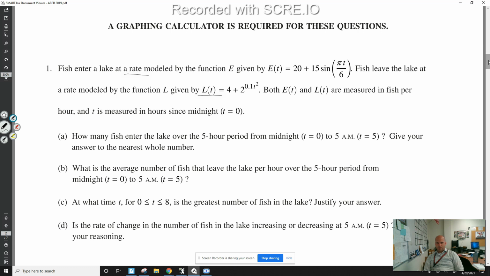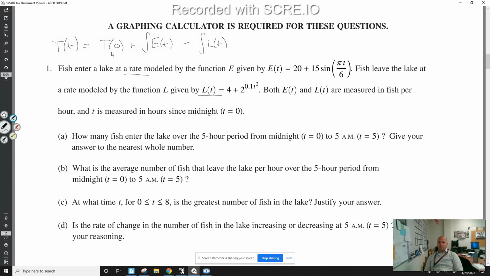The two big equations that come into play with rate problems are like a total amount of fish will equal an initial amount plus a total in. So area under derivatives equal changes in totals. So integral of E is total in, and then integral of L would be the total out.